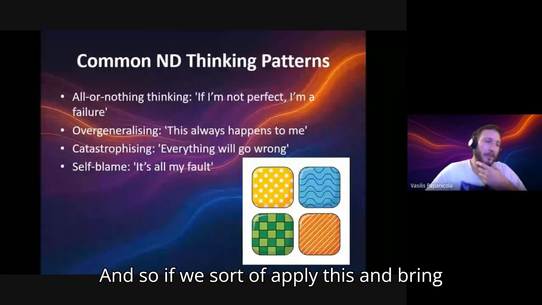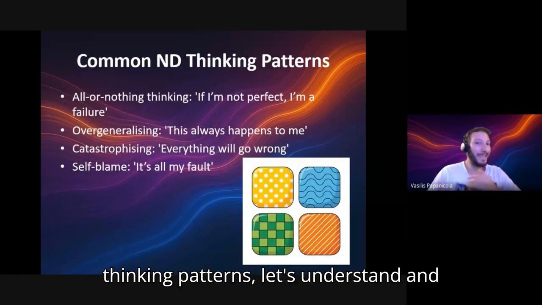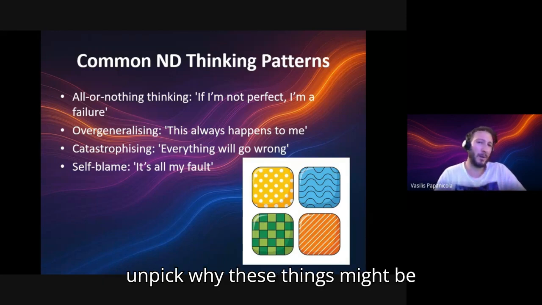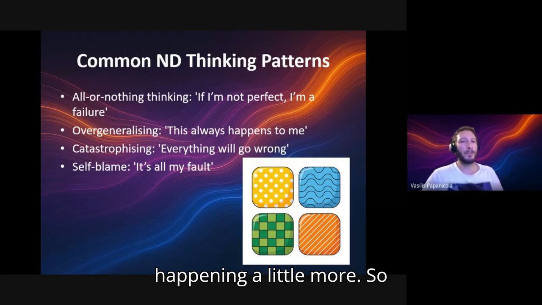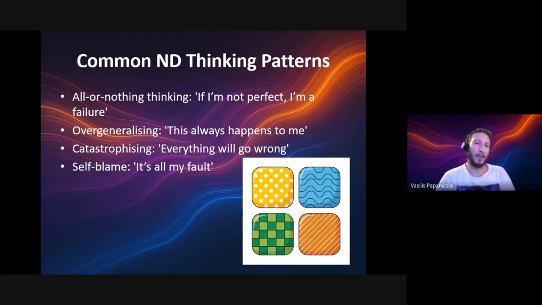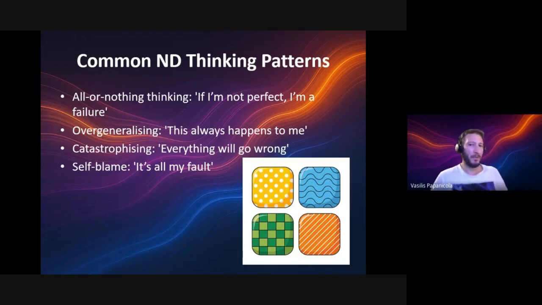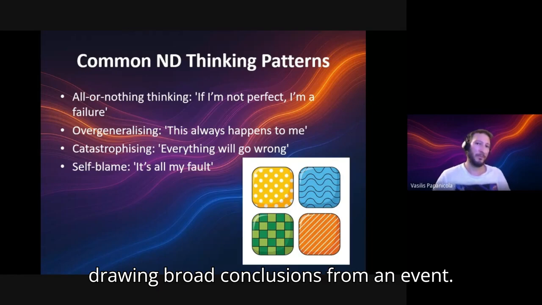And so if we apply this and bring it back to neurodiversity and thinking patterns, let's understand and unpick why these things might be happening a little more. So, some common thinking patterns. Overgeneralizing can be one of them, drawing broad conclusions from an event.